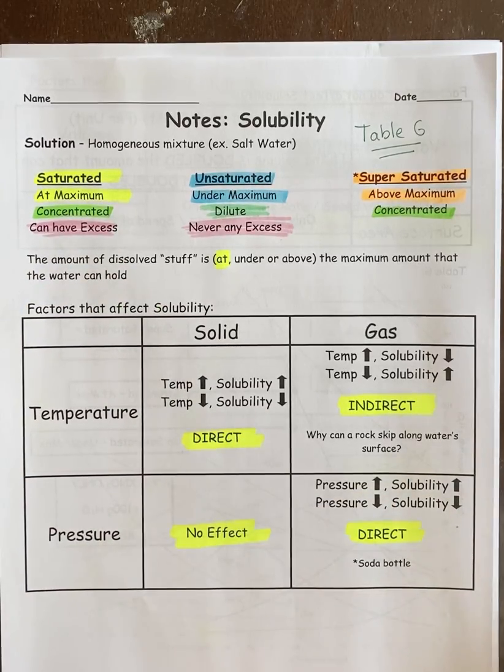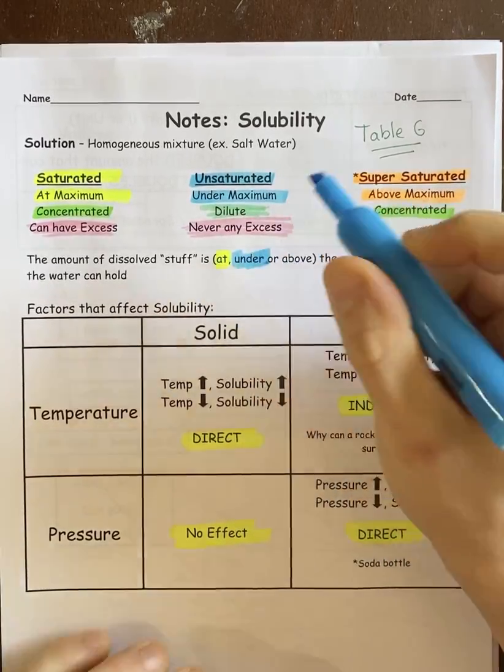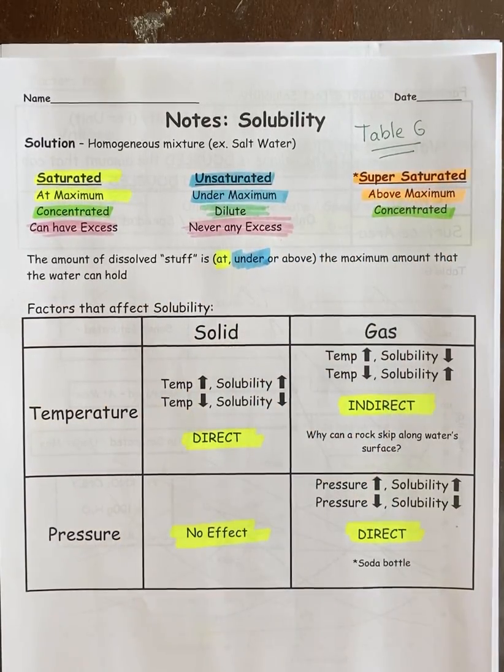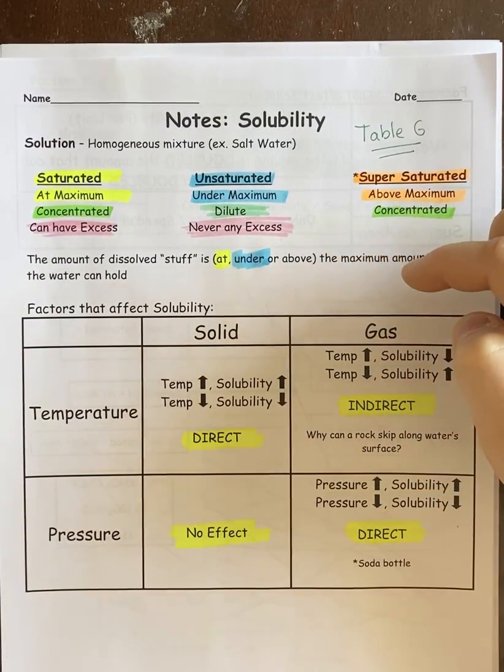Now, an unsaturated solution means you have less than the maximum, or you're under the maximum amount that can dissolve. That would be called a dilute solution. Dilute just means it's not fully concentrated to the maximum level, and there's never going to be any excess. And the reason is simple.